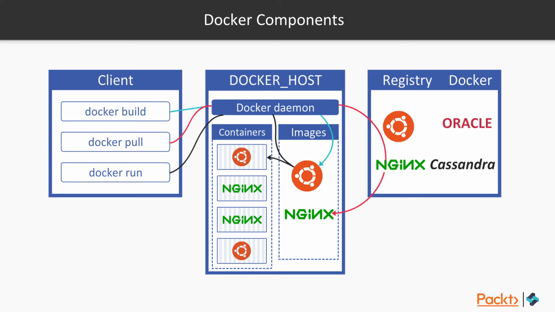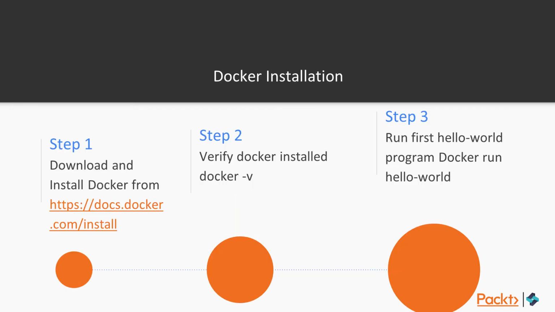Now, these were all the components and terminologies used in a Docker environment. Let's see how to install Docker, verify whether Docker is installed properly or not, and also run the first Hello World program, which is provided by the Docker official website. So we'll go to the link docs.docker.com and install.